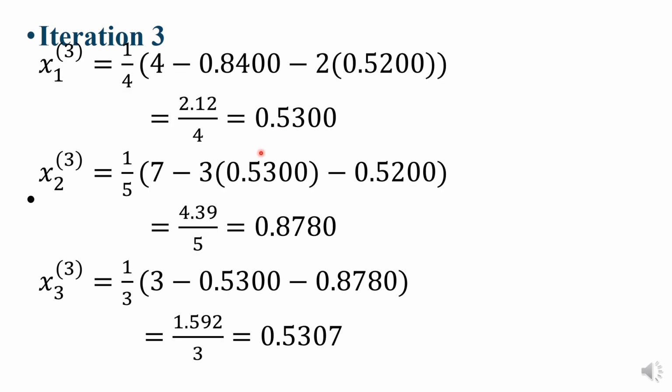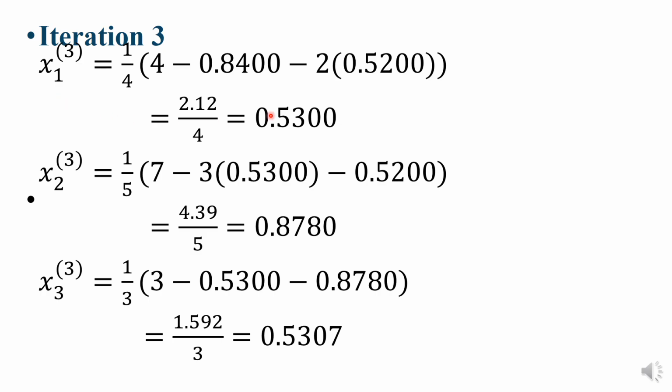We can put it immediately in x2. We put x1 and x2. After putting these values, we simplify. We get 4.39. Now divide 4.39 by 5. We obtain 0.8780.